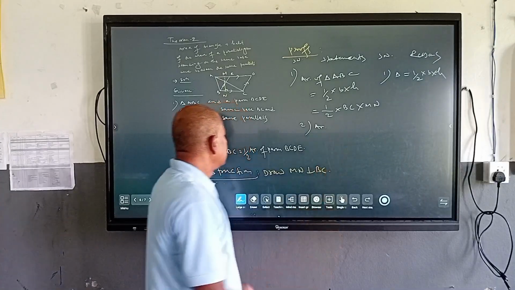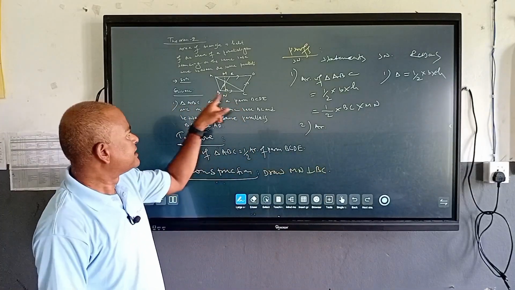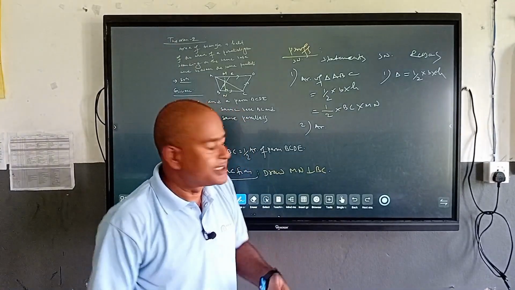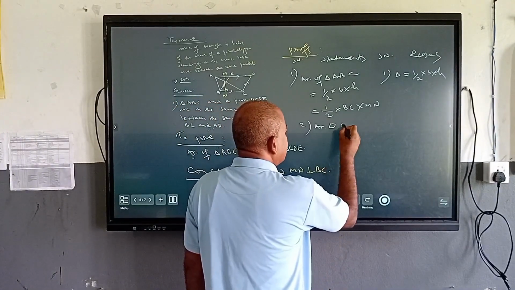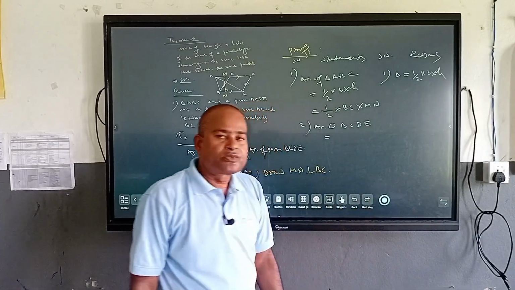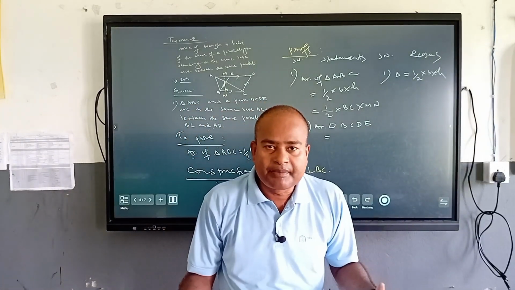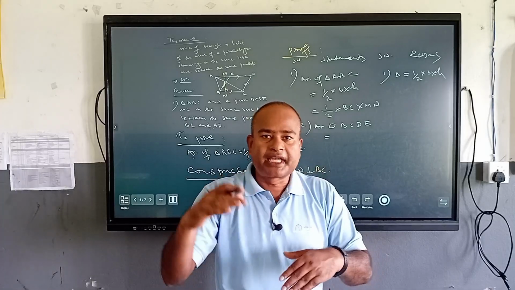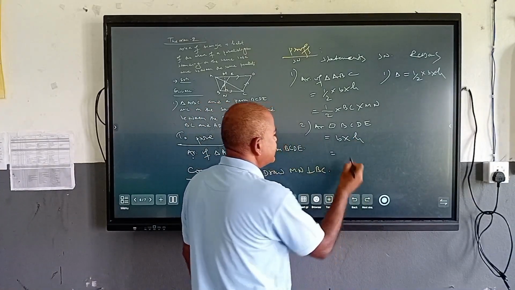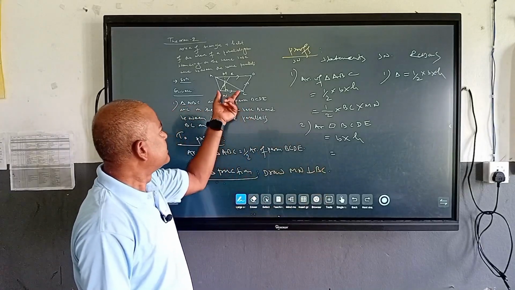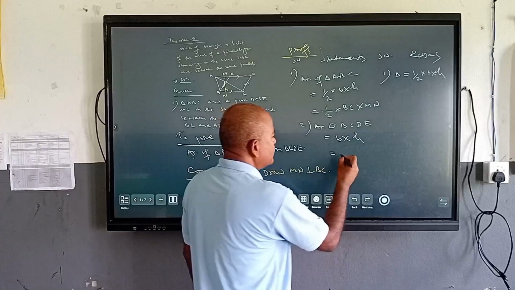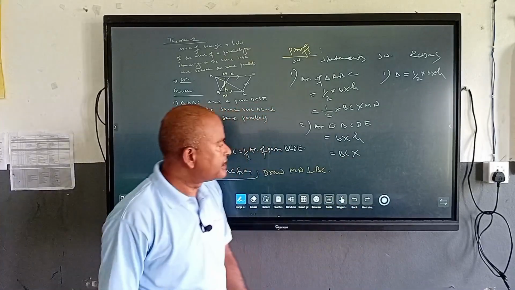Next, we have to find out the area of parallelogram BCDE. Dear students, we know that the area of a parallelogram is base times height, B into H. The base of parallelogram BCDE is BC, so we can write BC.